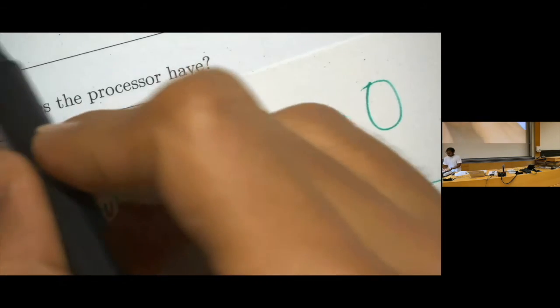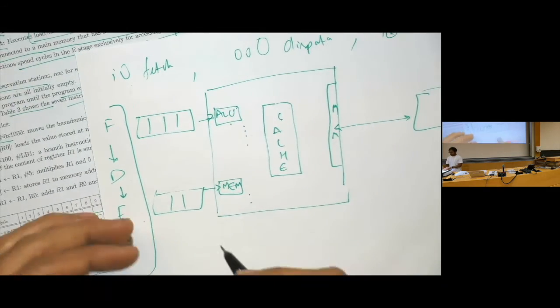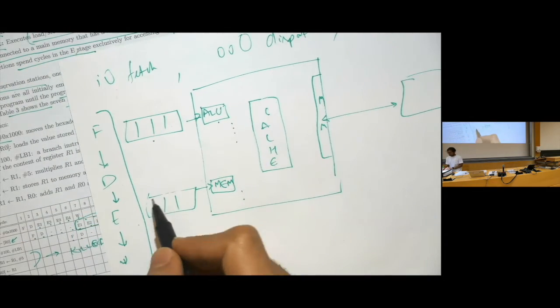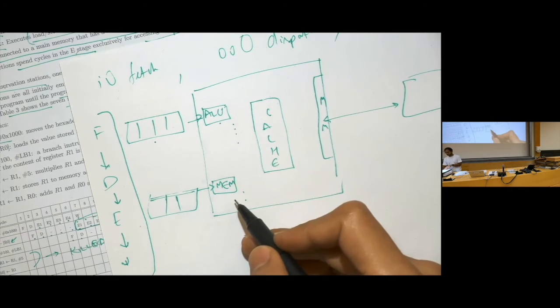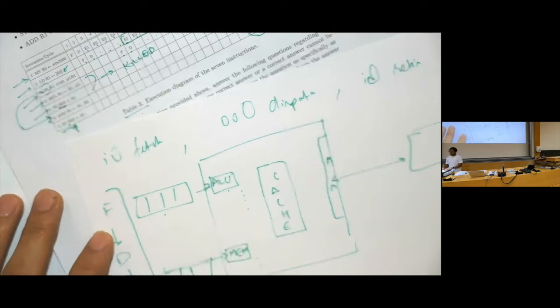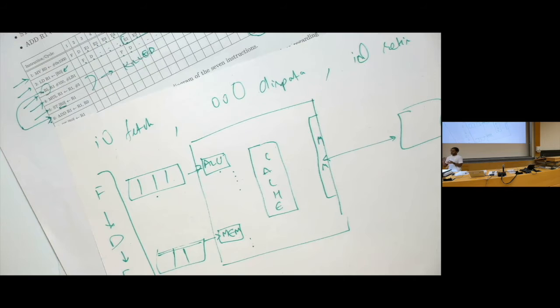What is the number of entries in each reservation station? Now, do you remember the reservation stations that we saw? Yes. So these reservation stations are used to store the instruction before they're scheduled for execution on the ALU or the memory. What is the size of this reservation station? The size of this reservation station is the amount of instructions that are executing concurrently.